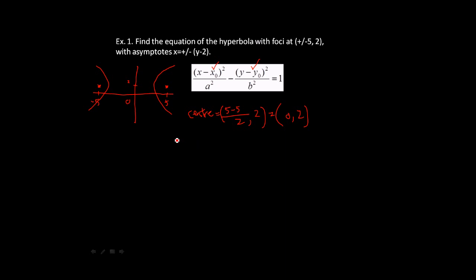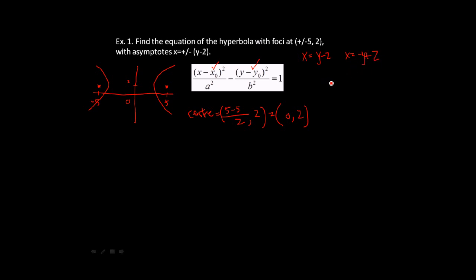Now, in the question it talks about the asymptotes of this hyperbola. If I expand it a little bit, you will see that it is actually talking about two equations. The first one is x equals y minus 2, and the second one is x equals minus y plus 2. Alright.